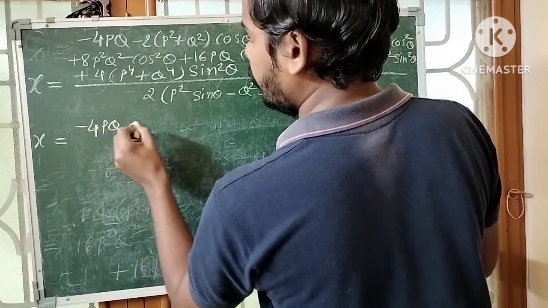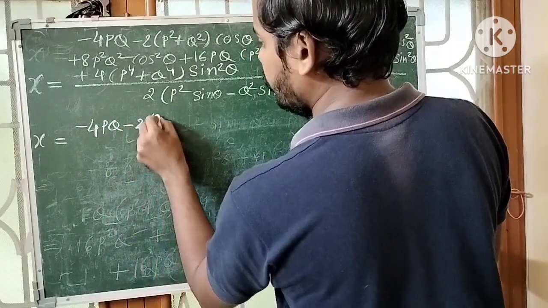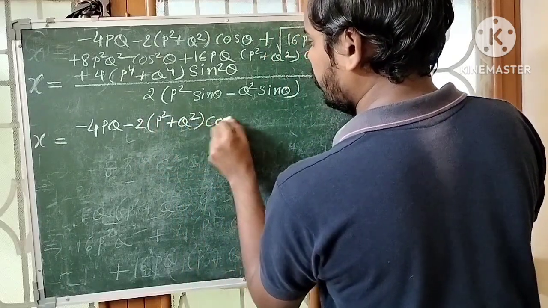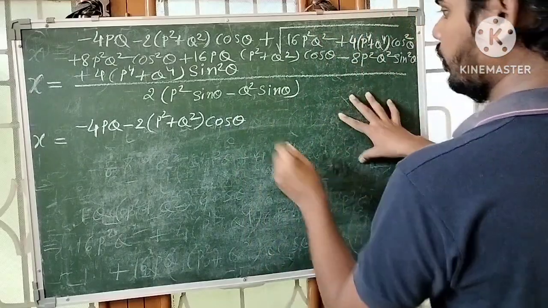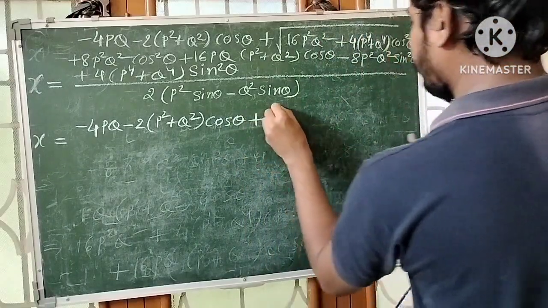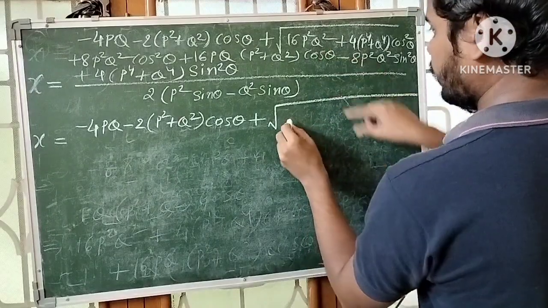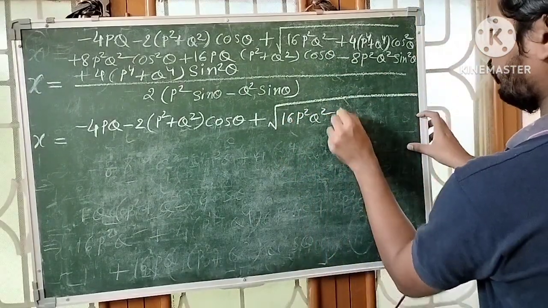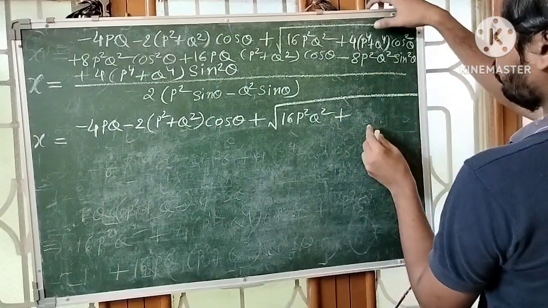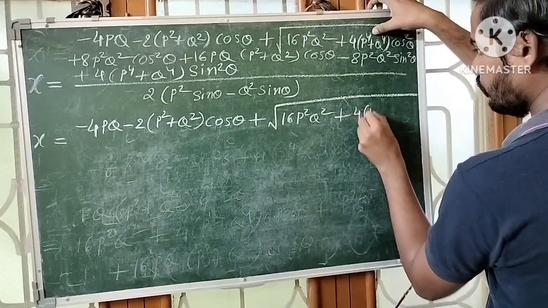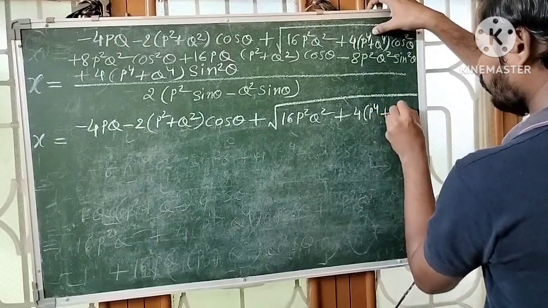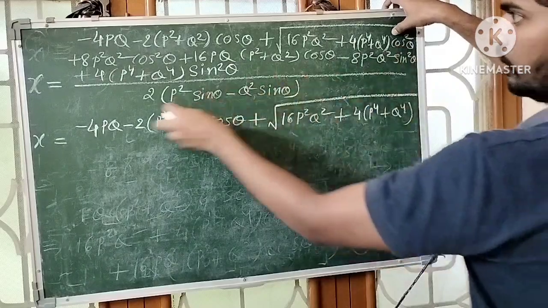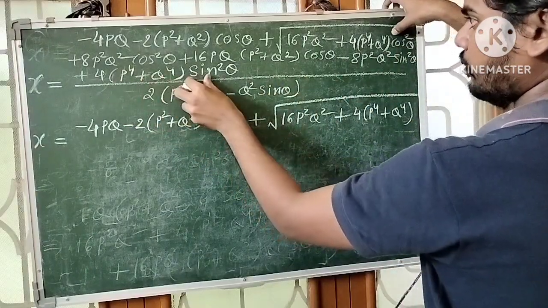Minus 4pq minus 2 into (p square plus q square) cos theta plus root over 16 p square q square plus 4 into (p power 4 plus q power 4) cos square theta, and here also 4 into (p power 4 plus q power 4) sin square theta.